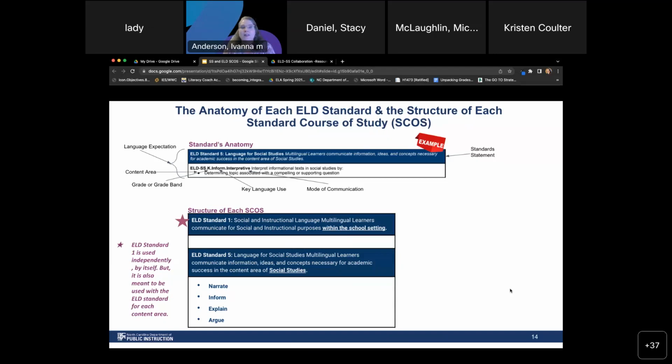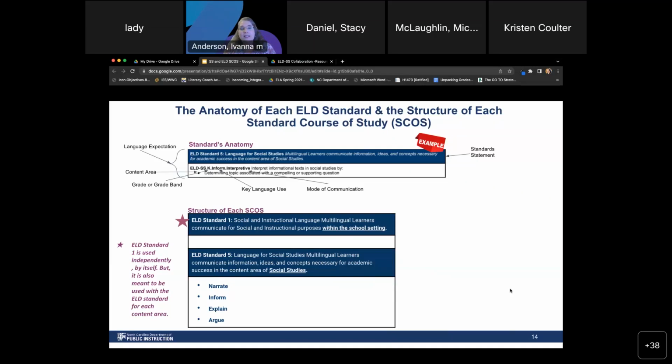And we're going to talk about those a little bit more. But each of those help us break down how the language can be used within your content. And then within this particular one, it says interpret informational text in social studies by determining topic association with a compelling or supporting question. So again, those are things you're already doing in social studies. But as we're working with the ELD standards, we're going to be looking at how do you use the language to support the students in doing that.